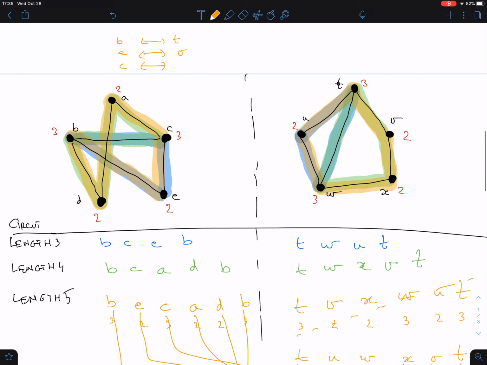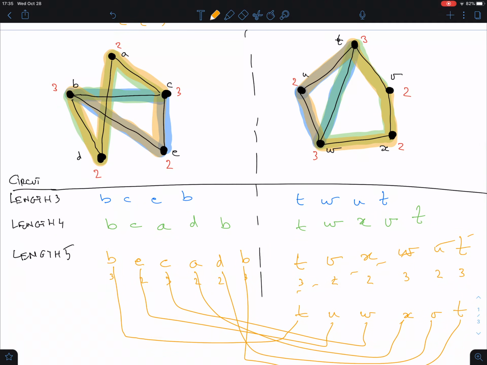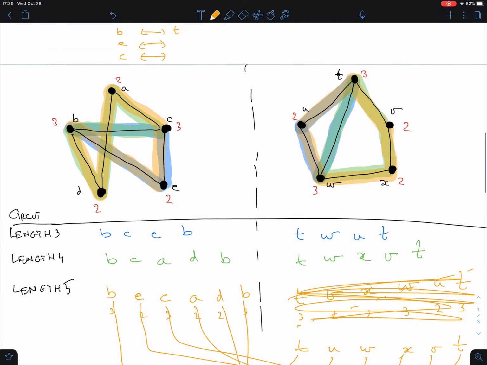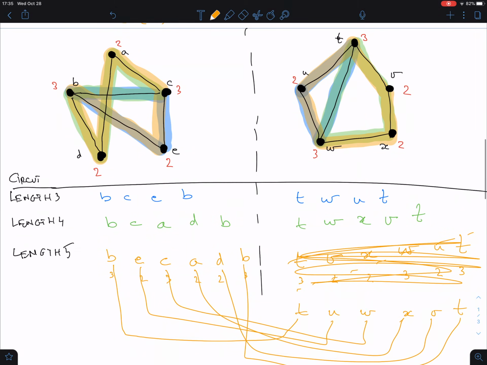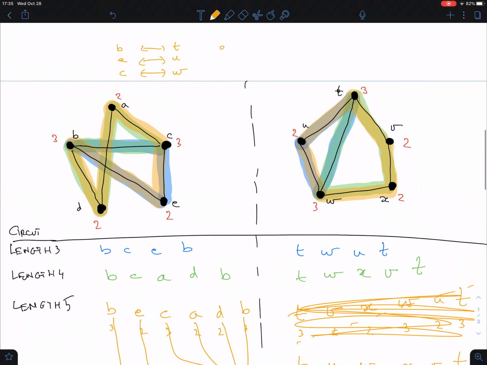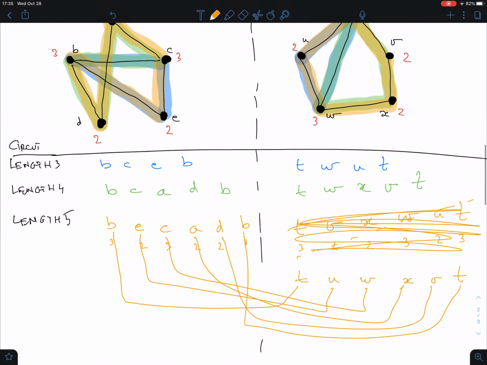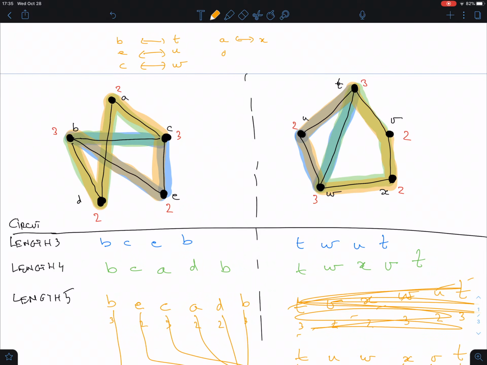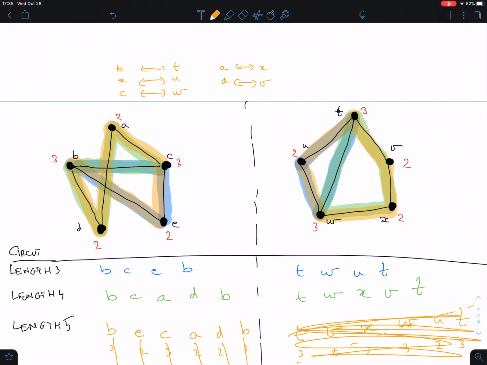Sorry, let me get this right because it confuses me. E was corresponding to U, right? So B to T, E to U, C to W, A to X, and D to V. Okay, that's the correspondence that I'm trying to do.